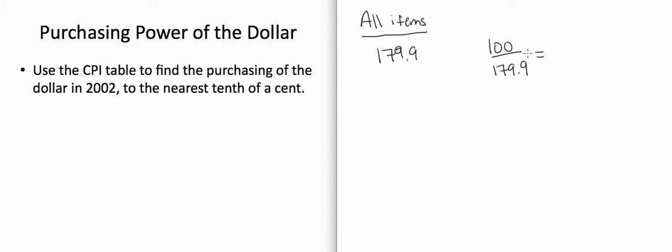That's going to give us a decimal of 0.5559. We change that to money. So essentially, the dollar in 2002 is worth 56 cents compared to 1984. Okay, or compared to the base period there.